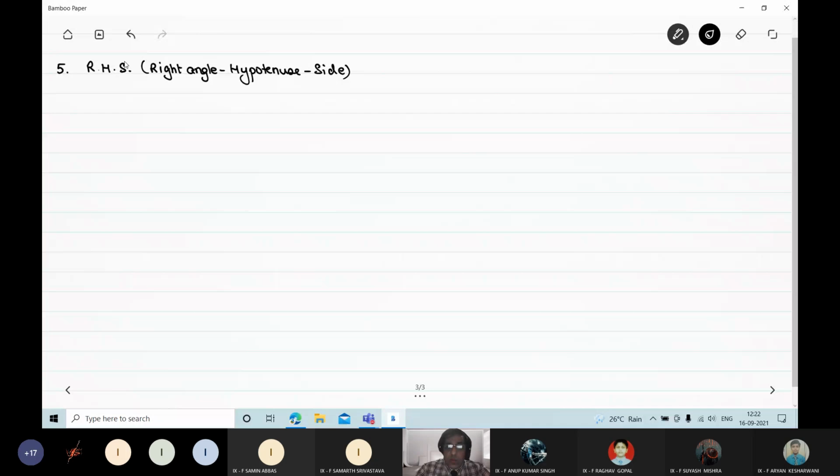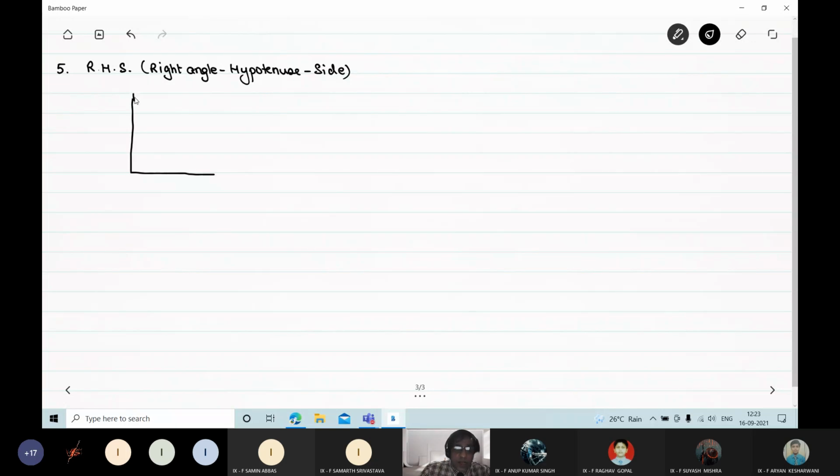So because the name itself implies right angle, it means that this particular criteria can only be applied in a right angled triangle. We cannot use it in any other triangle. Why? Because the condition itself says that one of the angles must be a right angle. एक angle तो 90 degree होना ही चाहिए. So that means ये criteria सिर्फ right angle triangles में ही applicable है.